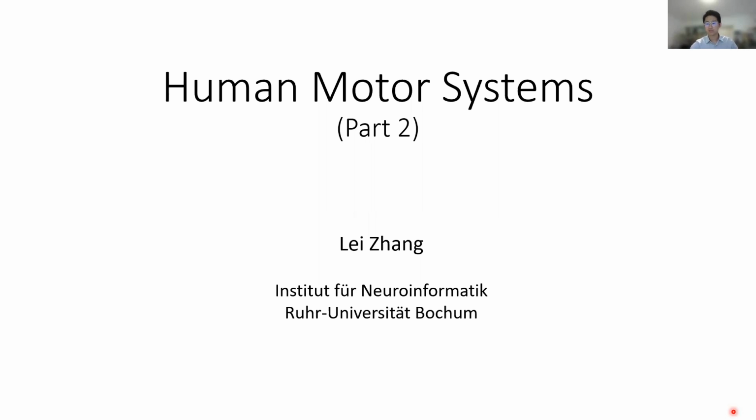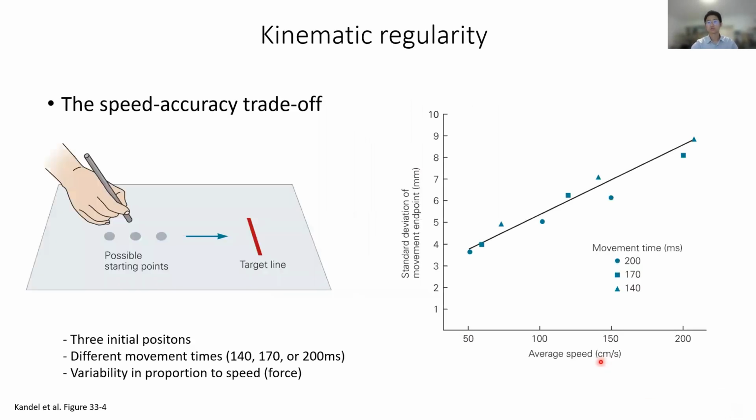At first, we will go through several experimental cases that demonstrate particular features of movement kinematics. In the first case, let's start with this one. This is about the planning of timing with respect to target accuracy.